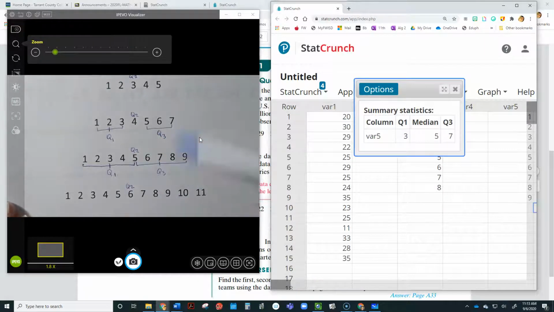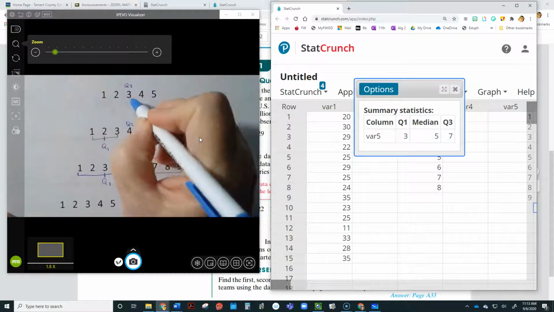So for odd data sets, the thing that makes me aggravated is that StatCrunch changes the rules. For this set of odd numbers, it does exactly the way it taught us to do, and it leaves the median out. But for this one, when it has an odd number of data sets, it uses the median. So it's alternating, okay?